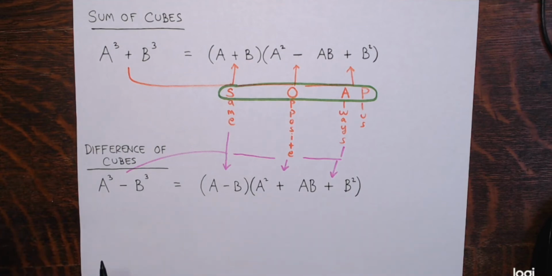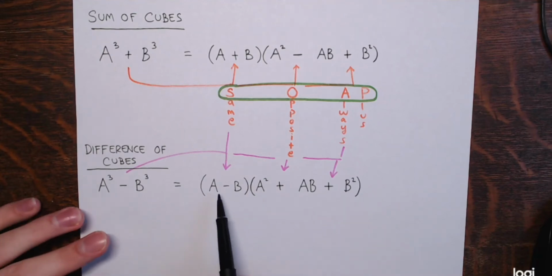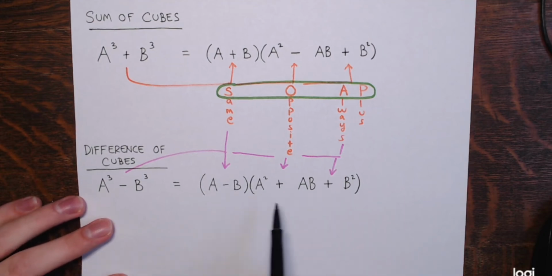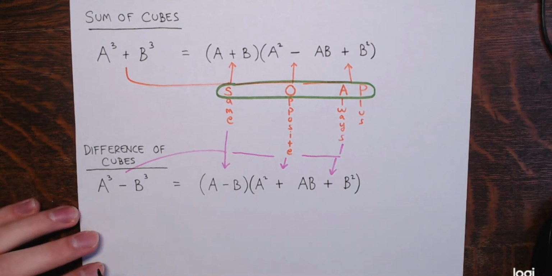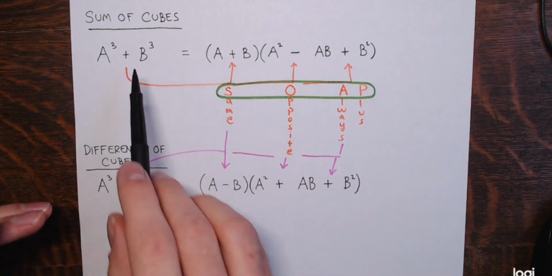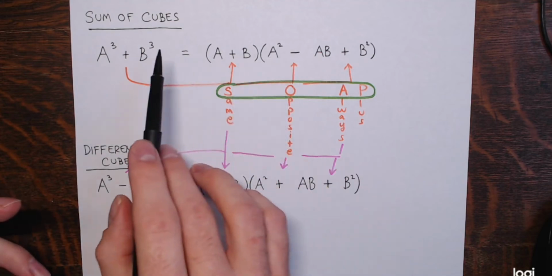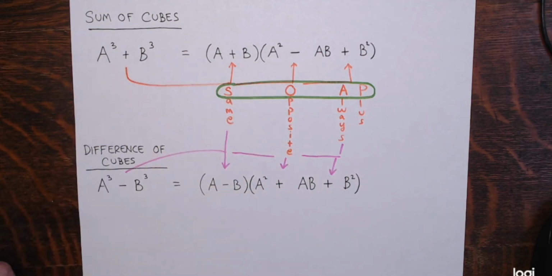And if you'd like to verify these, actually multiply. Distribute the a, distribute the negative b, and all the terms will cancel except for a cubed minus b cubed. And same thing up here for a sum of cubes. When you distribute the a, distribute the b, all the terms will cancel except for a cubed plus b cubed. And I leave it to you to check those.